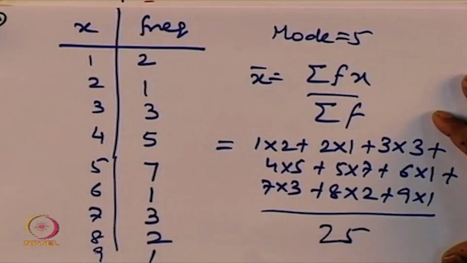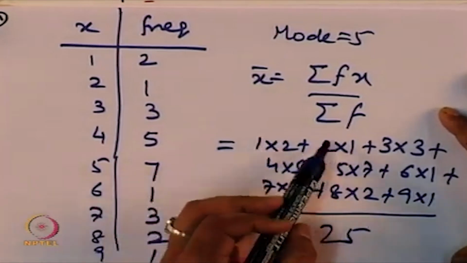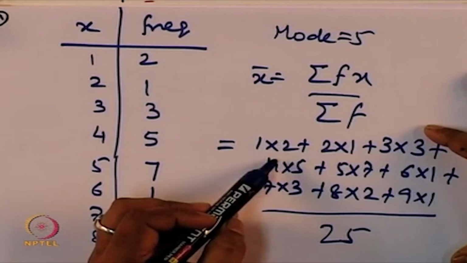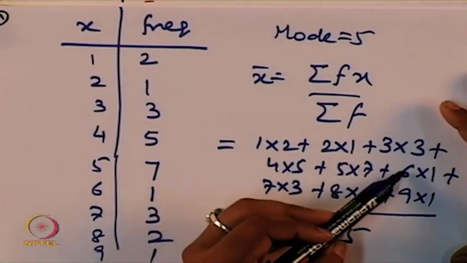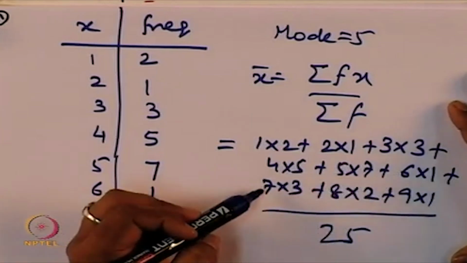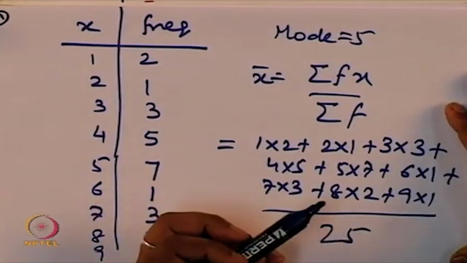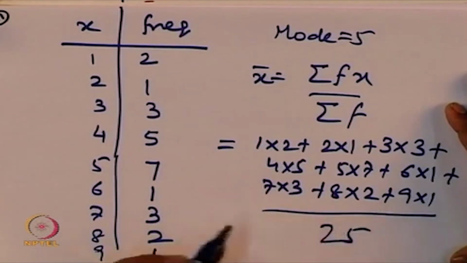So, let us calculate the sum here. We have 2 plus 2 is 4, 4 plus 9 is 13, 13 plus 20 is 33, 33 plus 35 is 68, 68 plus 6 is 74, 74 plus 21 is 95, 95 plus 16 is 111, 101 plus 9 is 110.